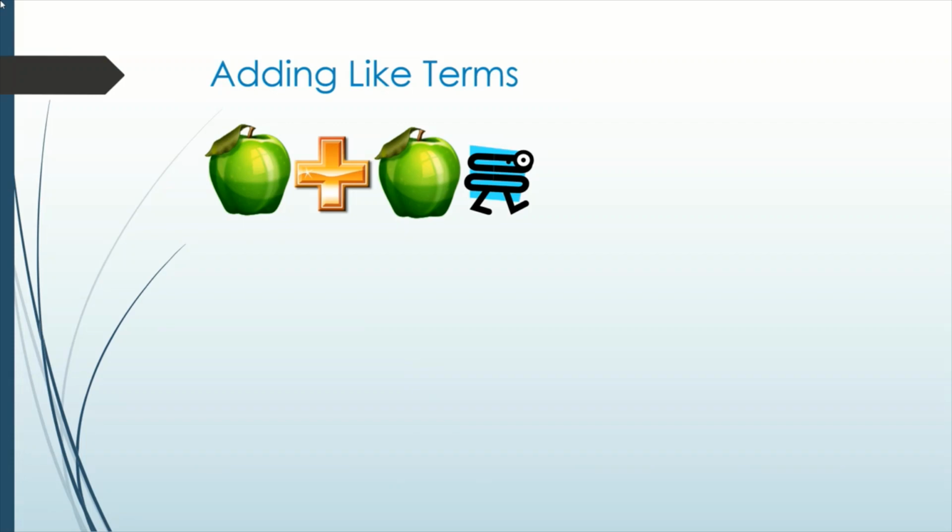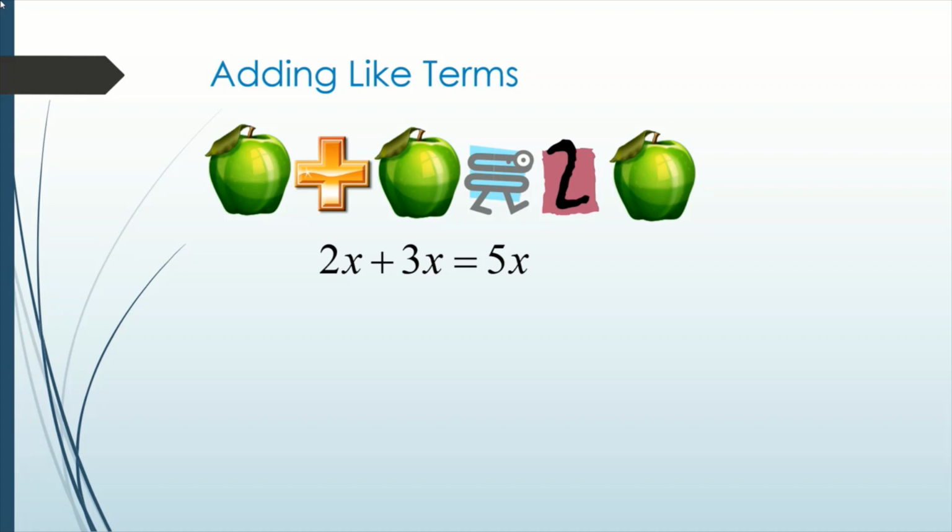All right, so we're going to look at combining like terms. An apple plus an apple equals 2 apples, just like how 2x plus 3x equals 5x. What you're doing here is adding the coefficients together, that's the numbers in front of the variables, and keeping the variable exactly the same.